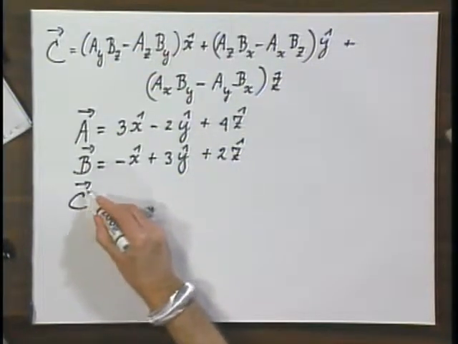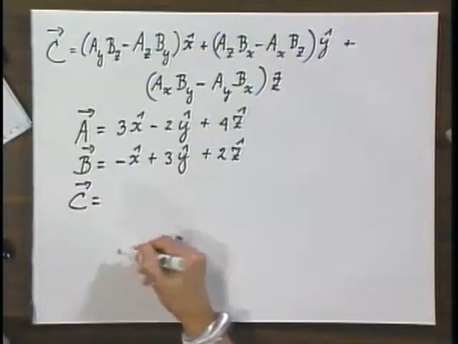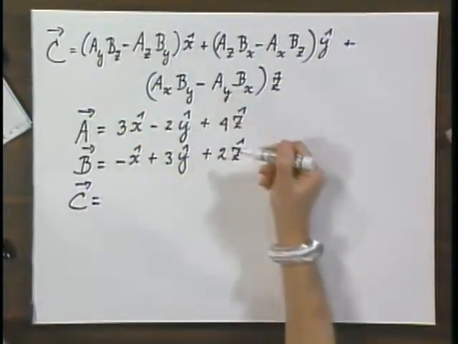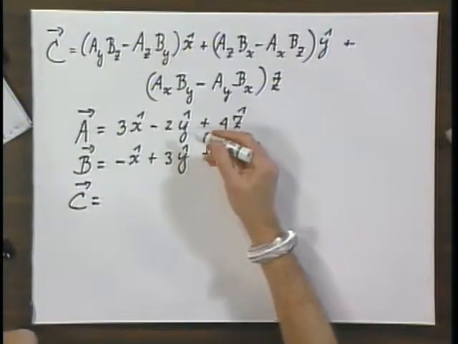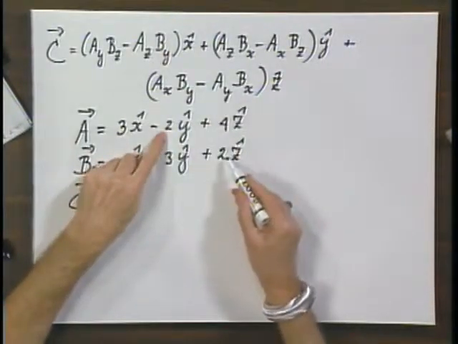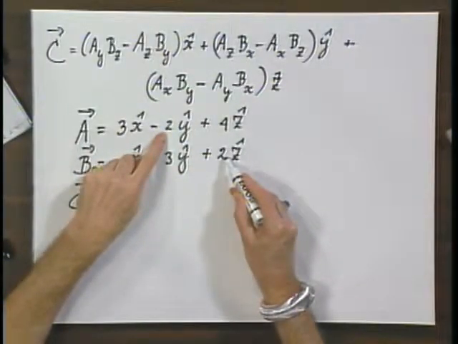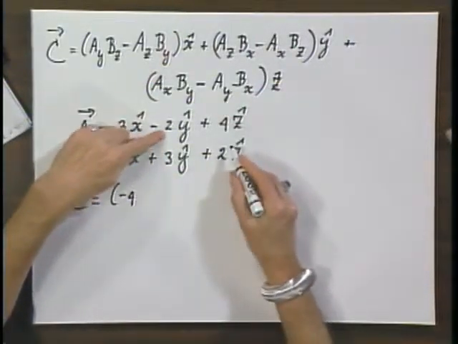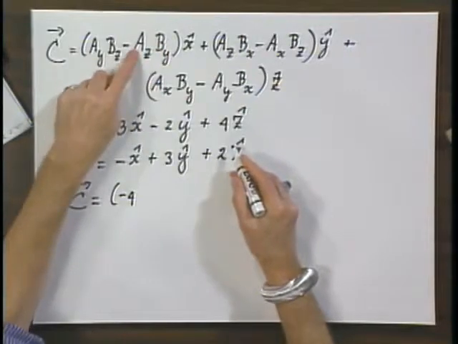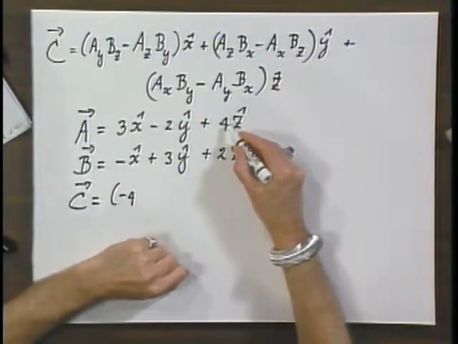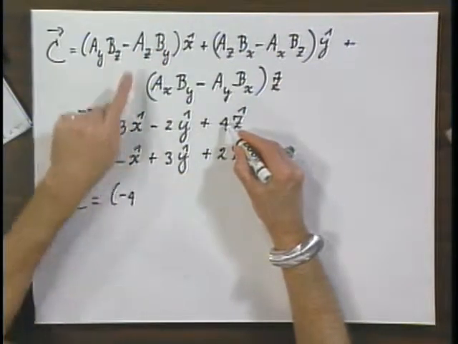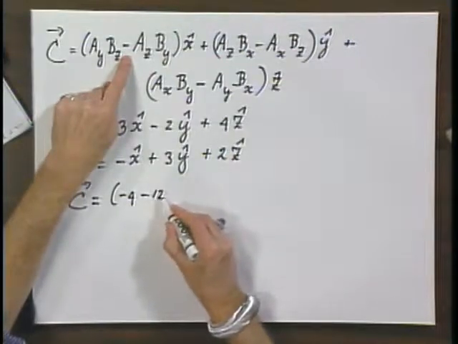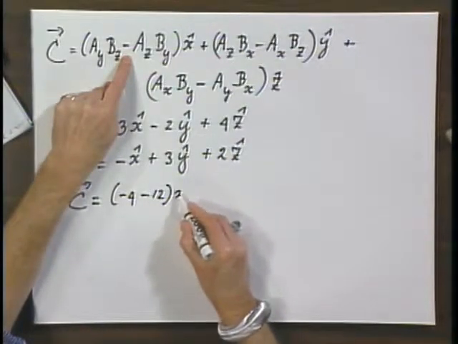What now is C? Well, AY BZ. That's minus 4. Minus AZ BY. AZ BY is 12 with a minus sign. Minus 12 in the x direction.